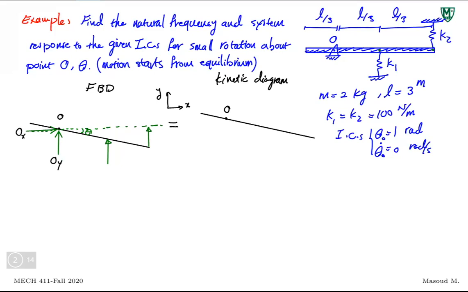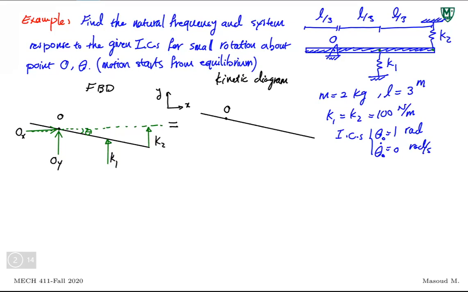Let's go back to the springs. We decided about the direction. We know force is a vector, so we have to decide about the magnitude. We know the spring force is stiffness multiplied by the amount that the spring is stretched or compressed. Now we know the stiffness: this one is K1, this one is K2.